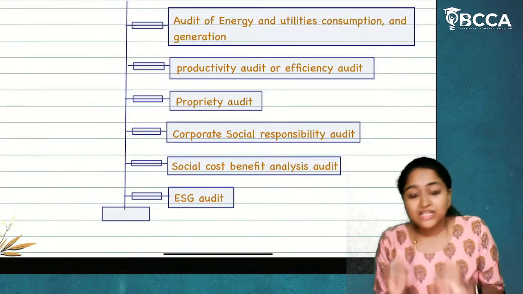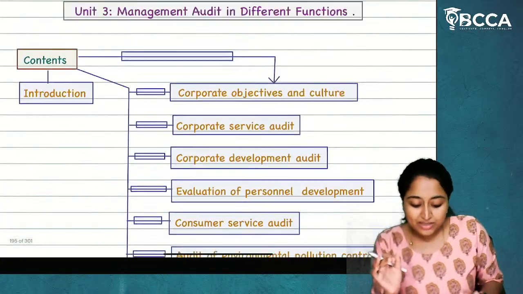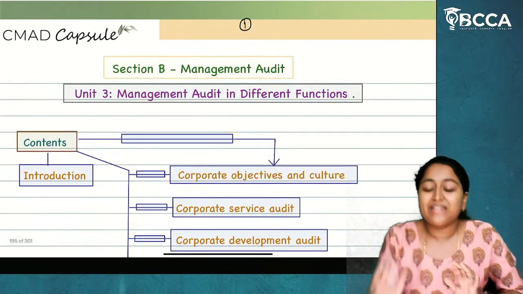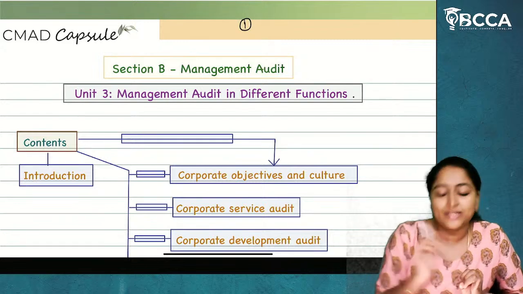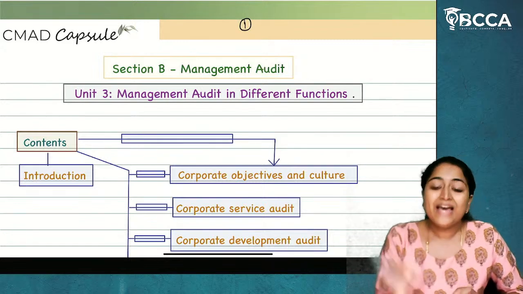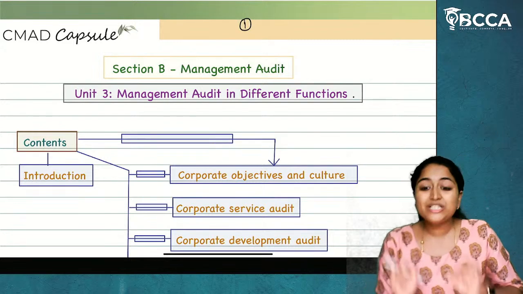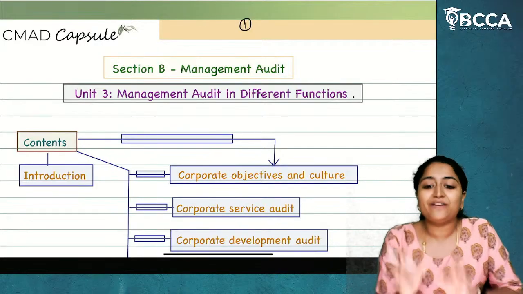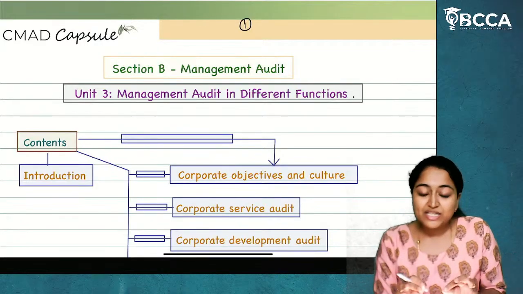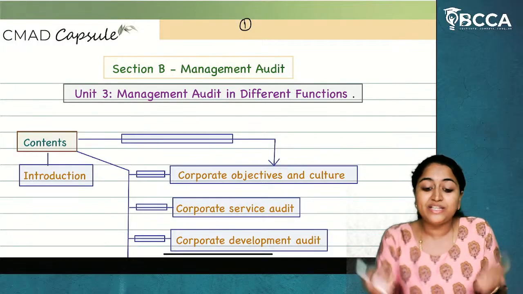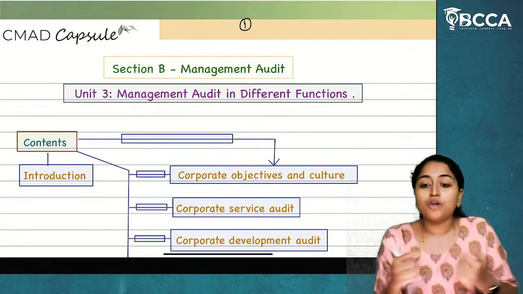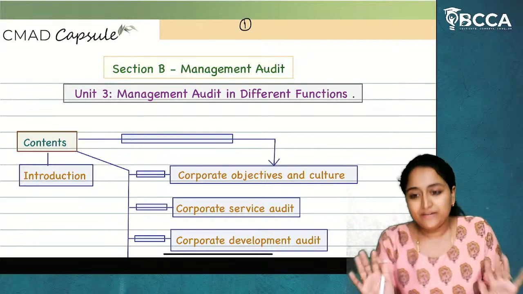So in this unit, we are going to do the analysis of the different audits for different functions inside the organization, which will help organization performance, which means the organization is performing not only for internal development, but also for external development.